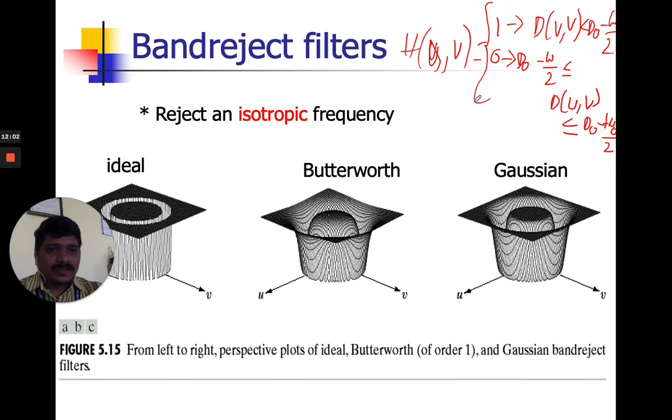And it is 1 otherwise. This is how a band reject filter is defined.